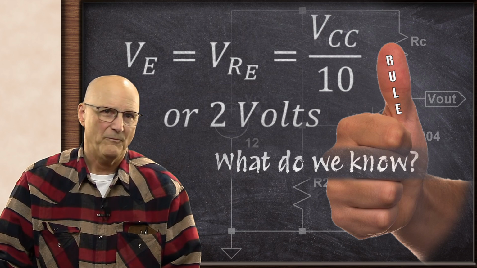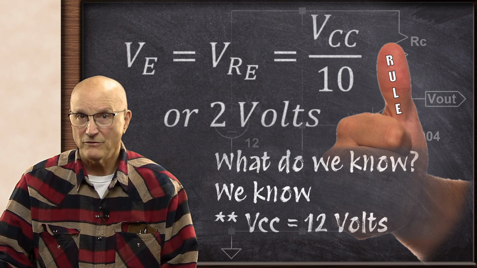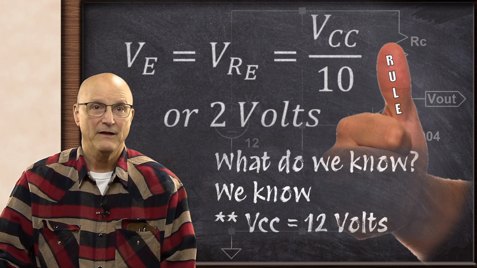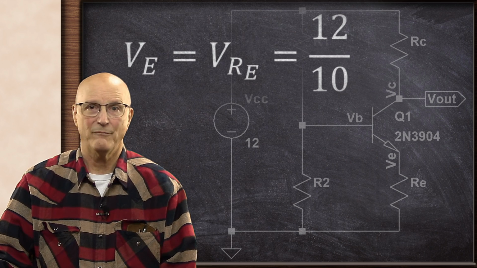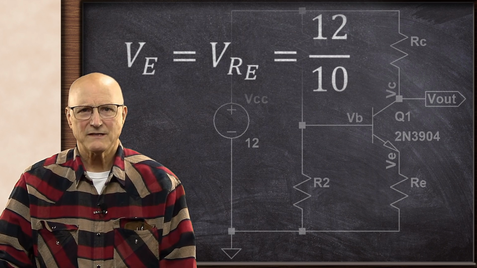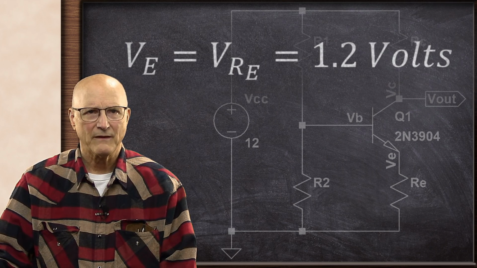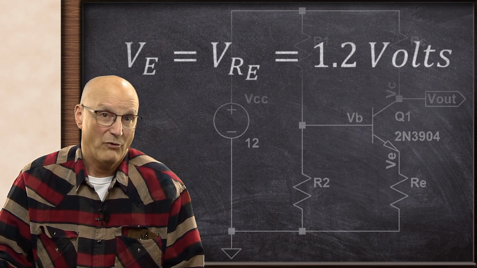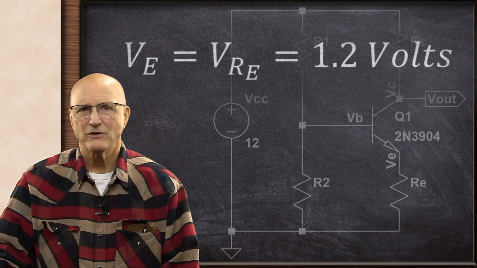So what do we know? We know that the power supply voltage, VCC, is 12 volts for our example here. This gives us that the emitter voltage is equal to 12 volts divided by 10, which gives us an emitter voltage of 1.2 volts. And well, 1.2 volts is less than 2 volts, so we will use 1.2 volts for the emitter voltage.